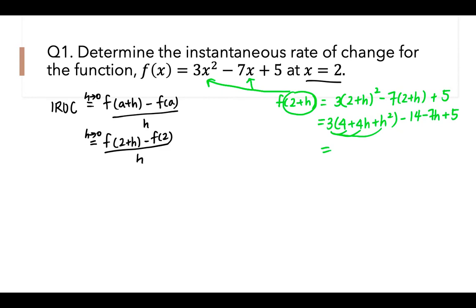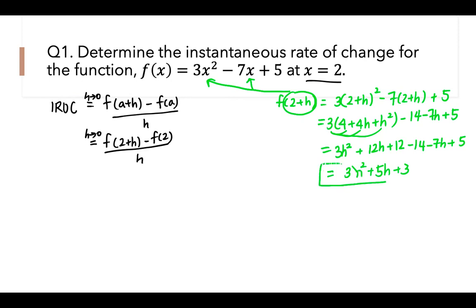So in the end, you'll be left with 3h squared plus 12h plus 12 minus 14 minus 7h plus 5. So I'll be collecting the like terms: 3h squared plus 5h plus 3.